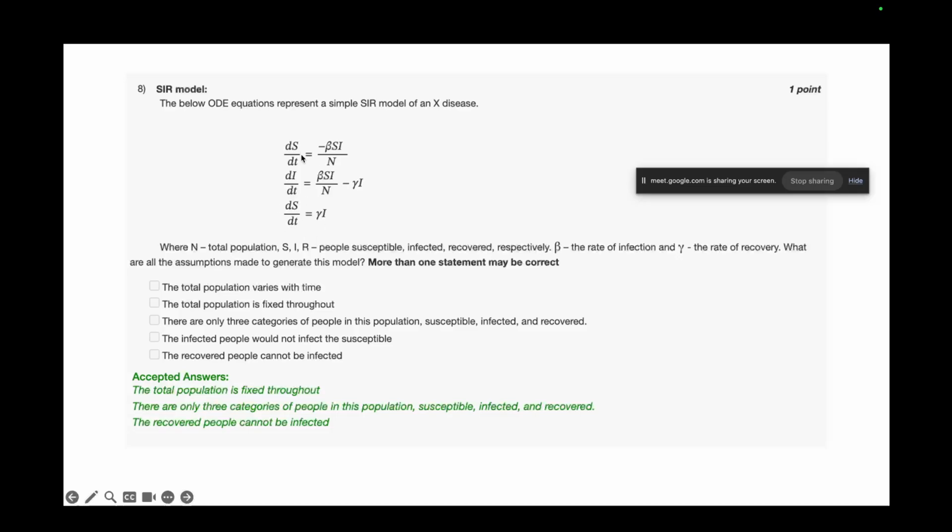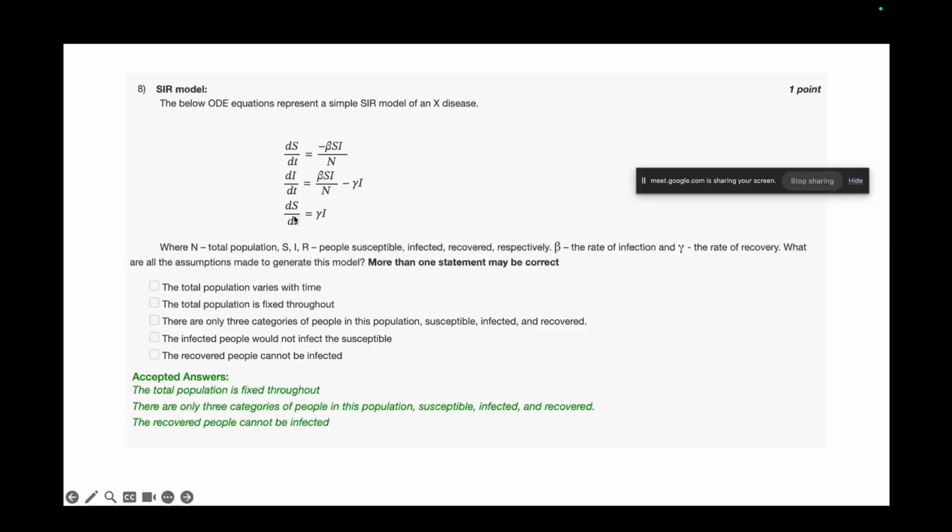So dS/dt is basically the rate of change of the number of susceptible people. How will the rate change? It will depend on the number of susceptible people and also the number of infected individuals. Same with the last equation, it only depends on the infected individuals. But these two, dS/dt is explained by these two phenomena.